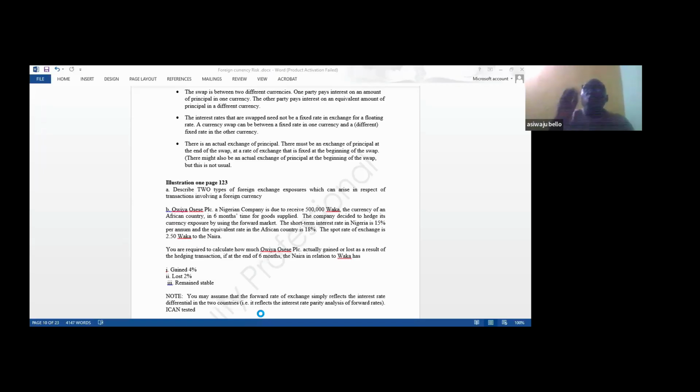Thereafter, we look at measures, actions that could be taken to protect a company against fluctuation in exchange rates. These measures are categorized into two.